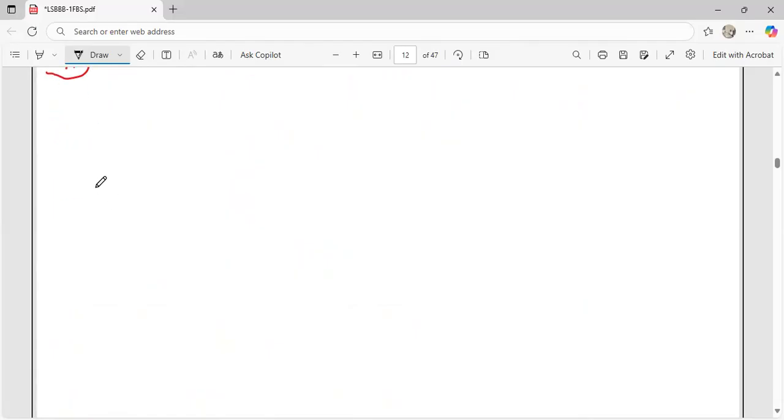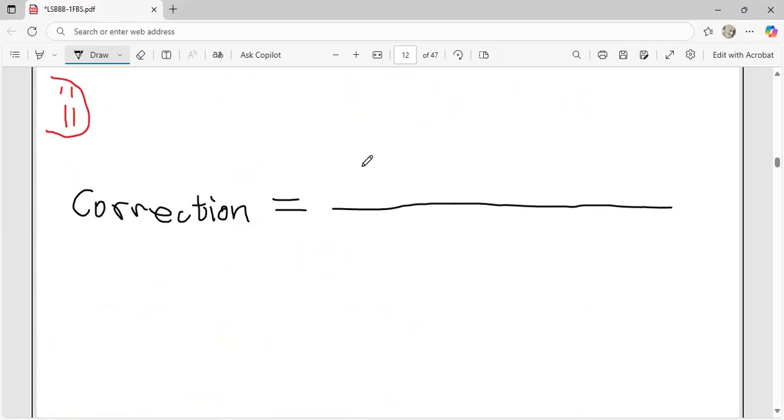We can say that the correction should be equal to our angular misclosure over the number of sides.